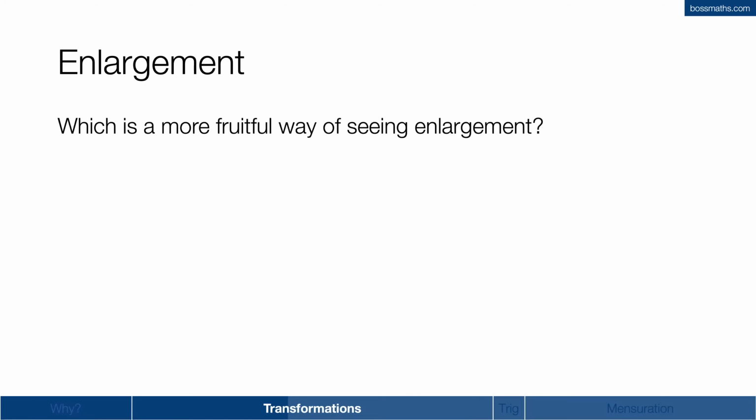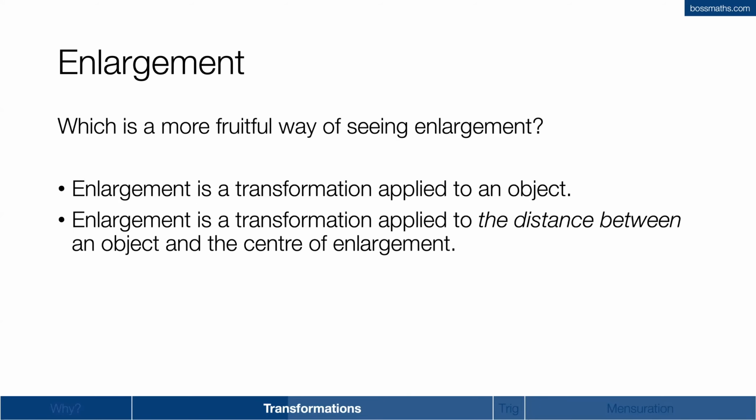Let me ask you a question. Which of these is the more fruitful way, do you think, of seeing enlargement? Do we like to think of enlargement as a transformation applied to an object, or a transformation applied to the distance between an object and the center of enlargement?